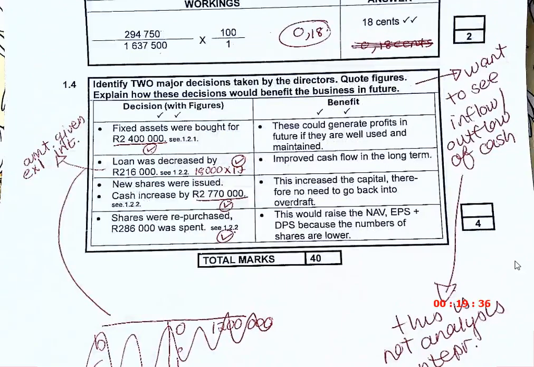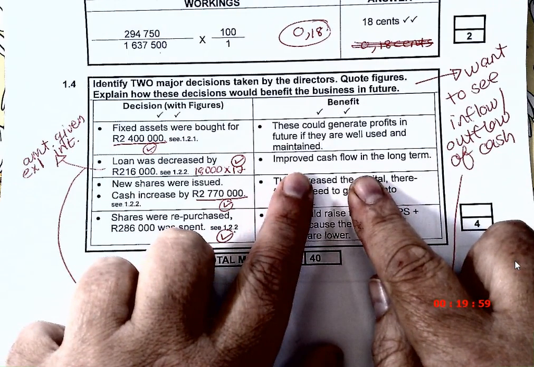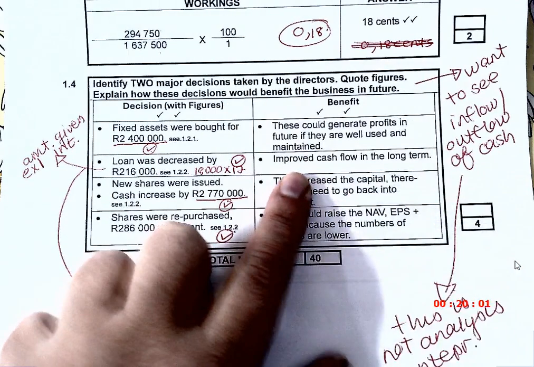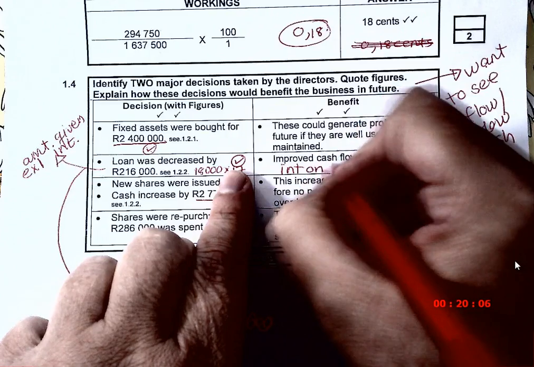Now, benefit. So fixed assets. The thing with fixed assets is you always say it means they are expanding, which means a better profit coming. They can operate over a larger area, so they're going to do better. Okay? Loan is decreased. I would say here as well, the interest on the loan is now decreasing.